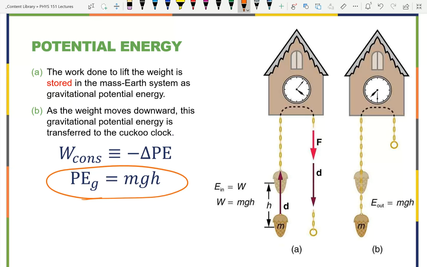So instead of having a battery, it used gravitational energy to run the clock, which is really kind of cool. You don't have to go buying gravitational energy packs.